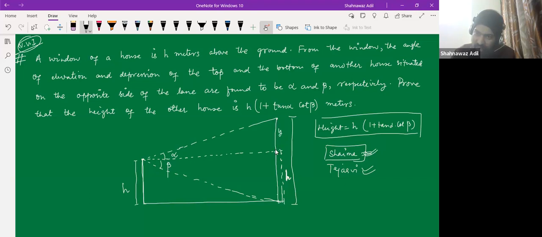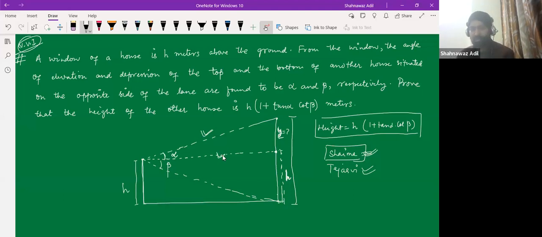Let's say this is y. So we have to figure out somehow this height, and we can add this height to this one, and then our answer is complete, right? To calculate this height, we already have this angle, and from the trigonometric ratio we require either this part or this part.